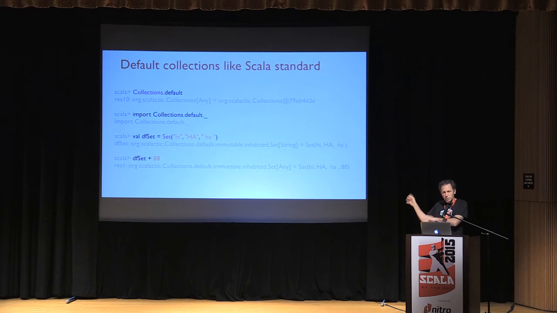So the only difference from standard collections, as far as how equality works, is arrays. You get structural equality for arrays. If you put two arrays that have 1, 2, 3 in them into a Scala set, they'll actually stay two, because it thinks they're different, since they're different instances.